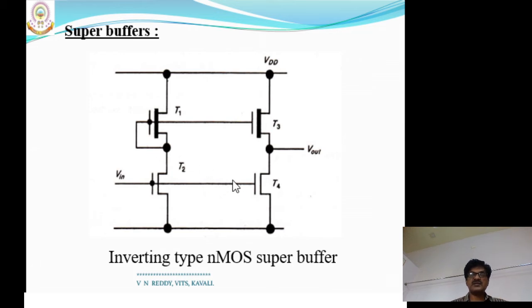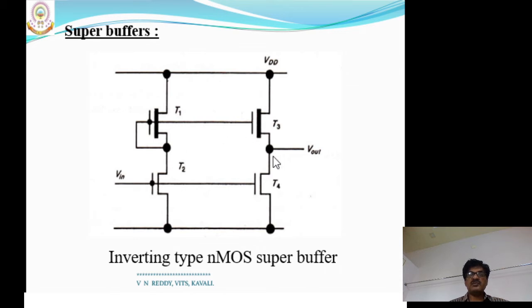In previous sessions we have seen the inverter driving capacitive loads. There the current is directly proportional to the VGS voltage of transistor T1. Here, how much is VGS for the T1 transistor? VGS is 0.